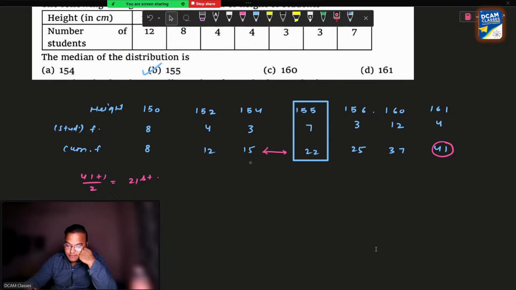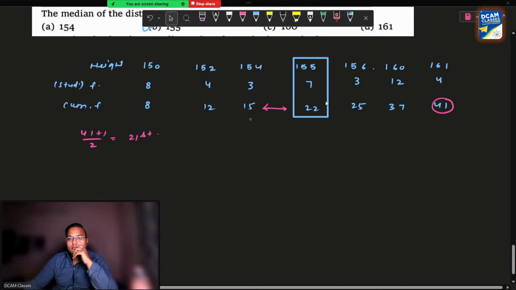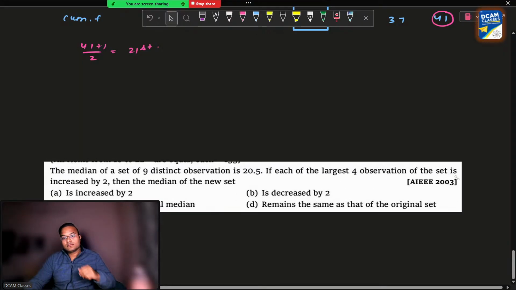Let's try to solve this one. Then we'll do the grouped one. Do this.